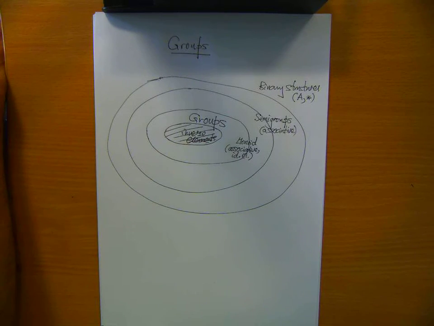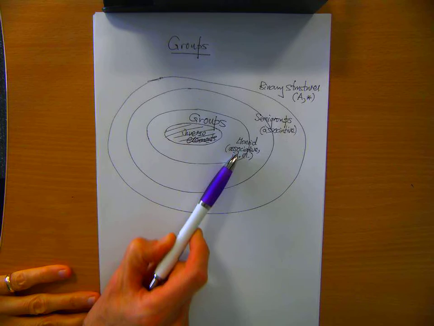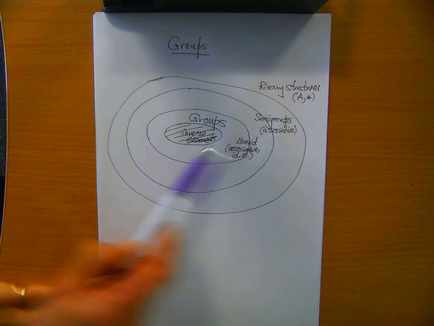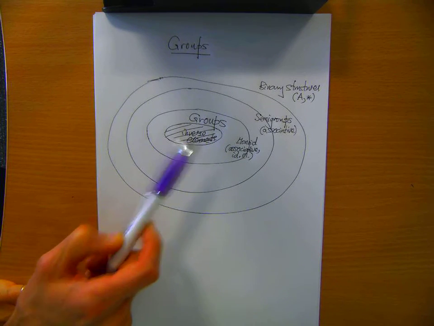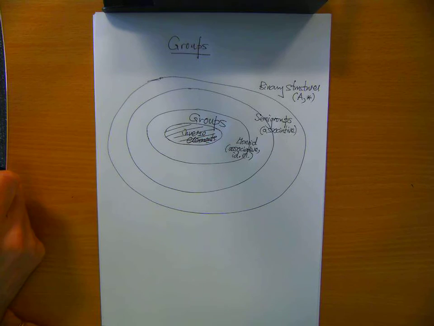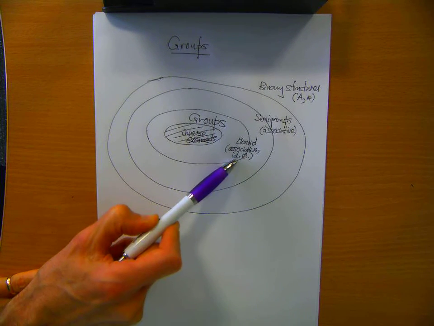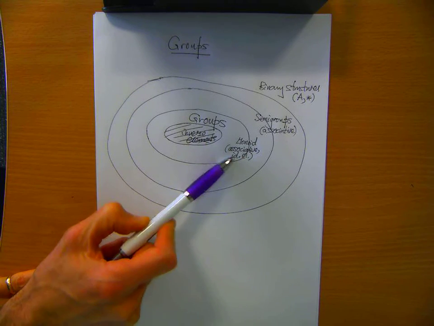So most of our examples last week were monoids at least. They were associative with an identity element. To get a group, a fairly crude way of doing it would just be to get rid of everything you don't like. In other words, you would start with a monoid where you didn't necessarily have an inverse for everything, and you would just throw away the elements for which there wasn't an inverse, and then you would have a group.